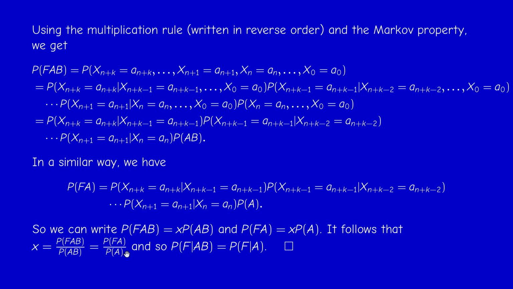And the second ratio is just the conditional probability of F given A. So we have proved a more general property, another interpretation of the property: the probability of the future given past and present is equal to the probability of the future given the present. We had to prove that because it was not written as it is in the definition, but we could deduce it from the definition. So we shall use this important property in the sequel.